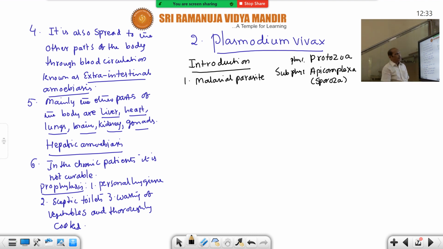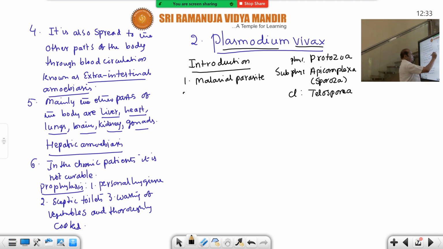Phylum Protozoa, subphylum Apicomplexa (Sporozoa), class Telosporia. Genus Plasmodium and species is vivax.